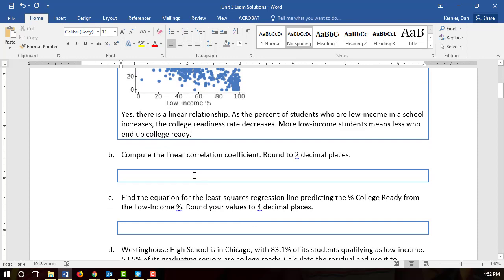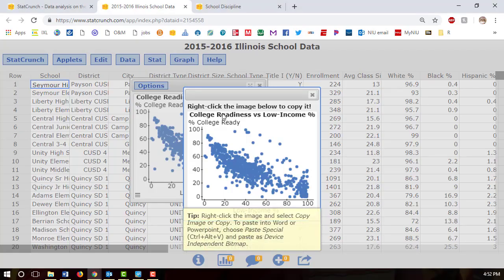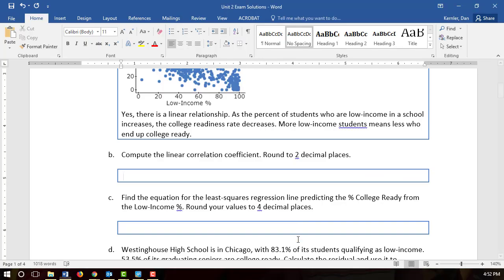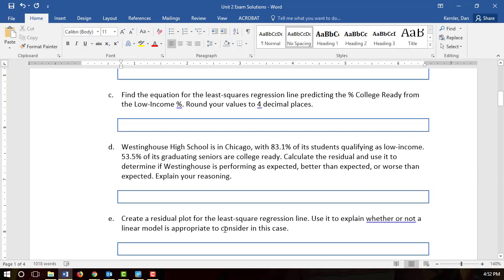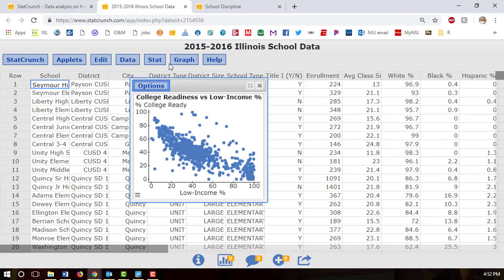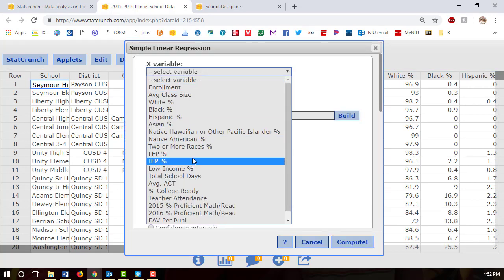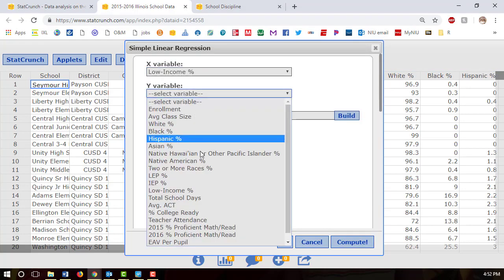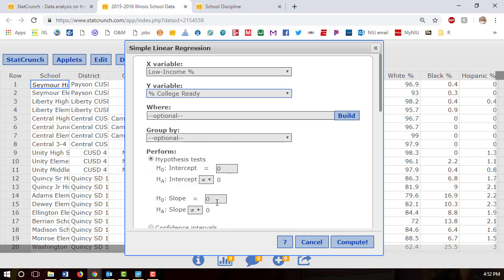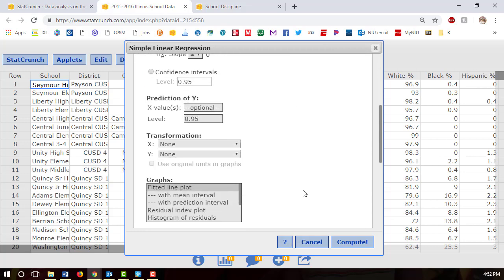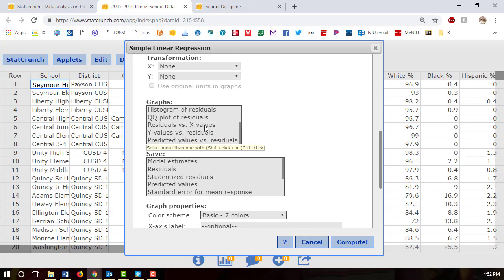Alright, so let's compute the linear correlation coefficient and round to 2 decimal places. You know what, I think we're going to need a residual plot. So I'm going to do stat regression, simple linear. We're going to do low income percent, predicting college readiness. And we want a graph, a residual versus x values.